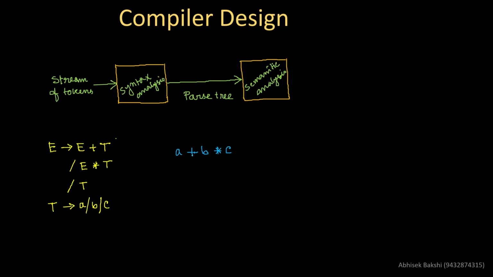If I ask you to somehow check whether this string is syntactically correct or not, what basically you will say is, let's try to draw a parse tree, right? And what will be the parse tree?